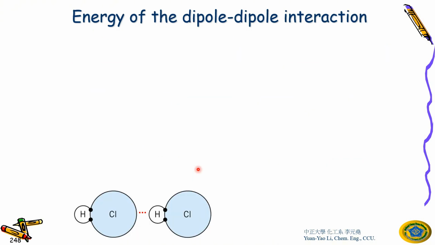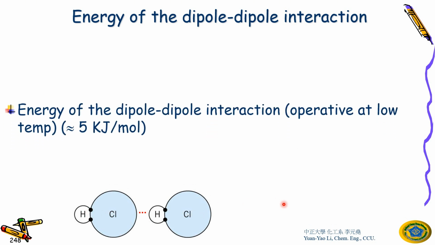So the energy of the dipole-dipole interaction, when we talk about the energy between these two molecules, we are not only talking about this energy, but also this energy. So let's take a look. The energy of the dipole-dipole interaction normally is about 5 kJ per mole, which is very weak compared to the chemical bonds.